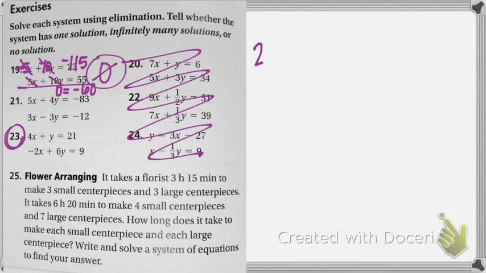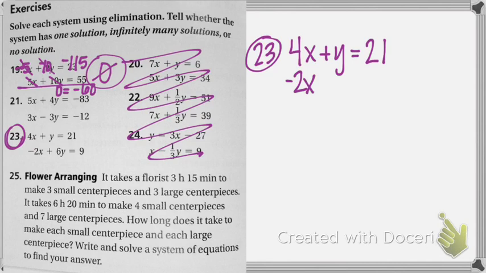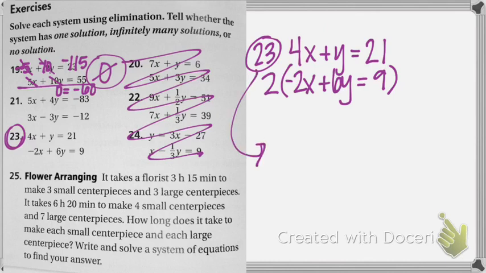Alright, and then we'll do 23. Alright, I need opposites. I've got 4 and negative 2, so if I multiply the bottom by 2, and I rewrite everybody down here, so I'm going to rewrite the first one, just like I had it.